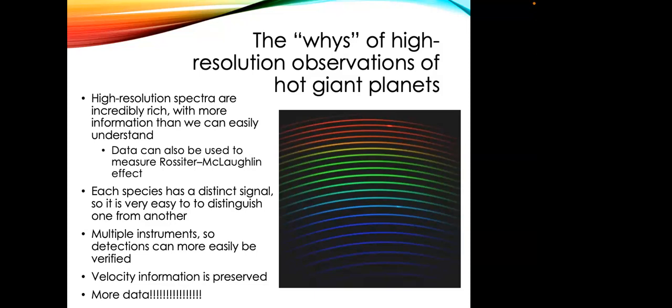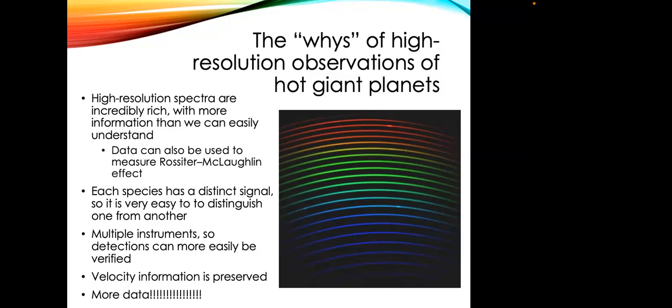Another advantage of high-resolution spectroscopy is each chemical species has a very distinct signal. There's no degeneracies between, say, CO and CO2. So it's much easier to uniquely identify any given atmospheric component. There's also, JWST is great, but there's only one of it.